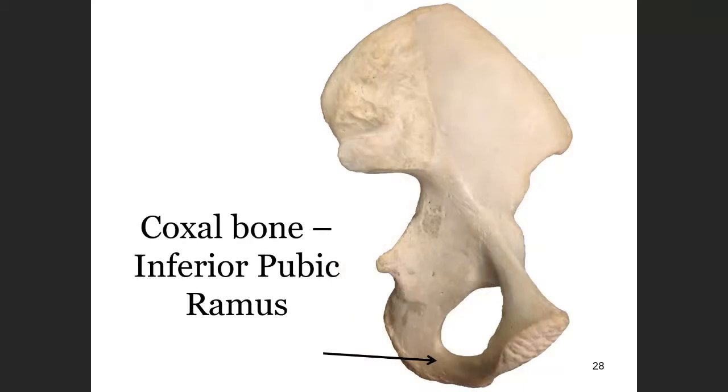All right. If there's a superior, there's an inferior. So right through here is the inferior pubic ramus, which is kind of inferior to the obturator foramen, a little bit medial to it. I'll be able to show you a little bit better when I have a full picture of the pelvis here.